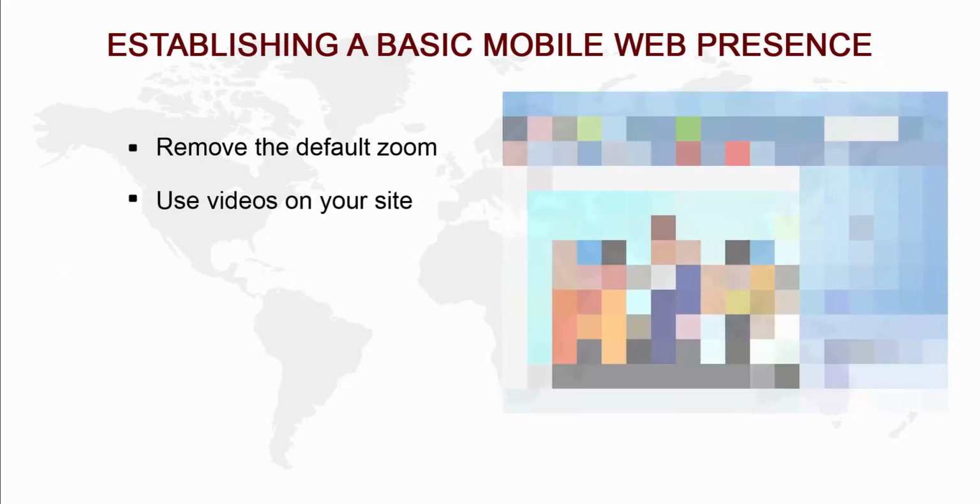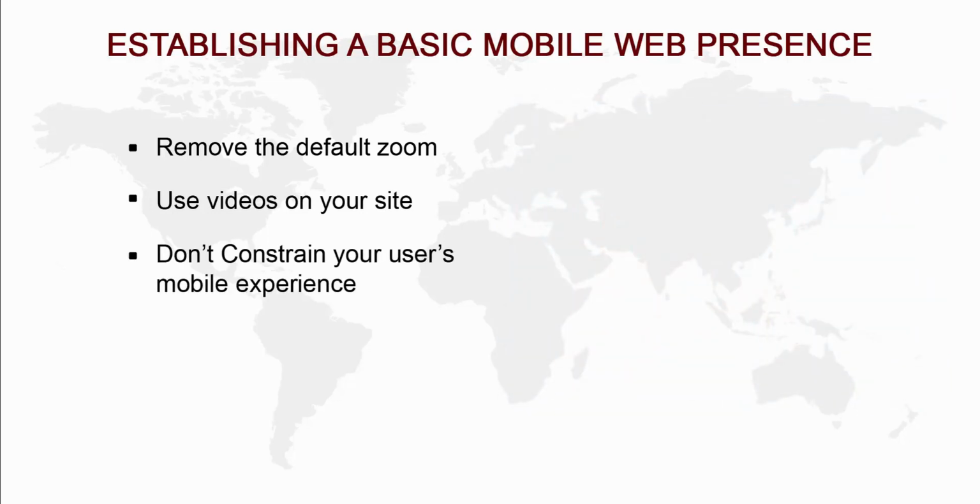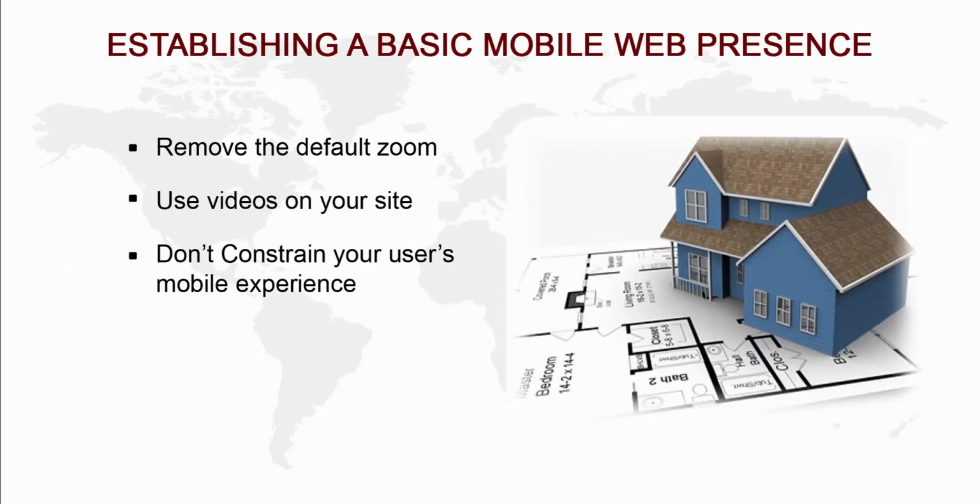Secondly, you need not restrict the user's mobile experience, because there are many companies, for example in the real estate industry, that are focusing on preparing a 3D application of their entire site where they want to place the products. These products are placed without a constraint on the user's mobile experience.